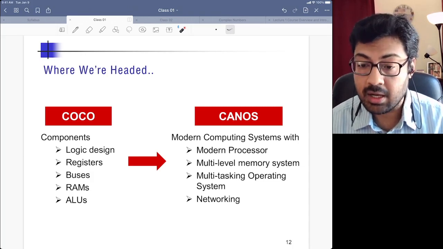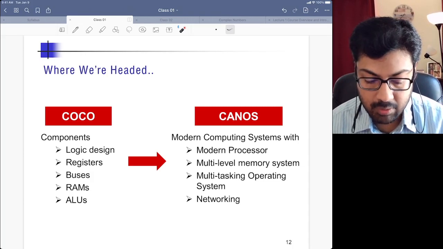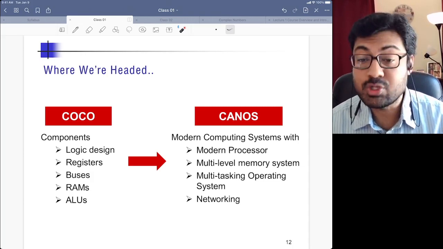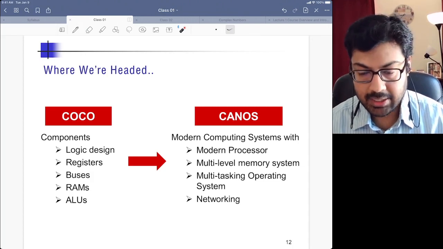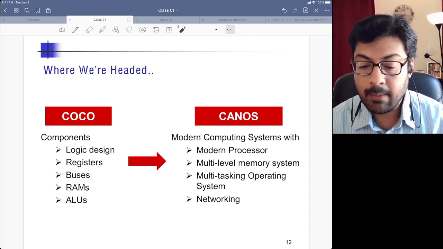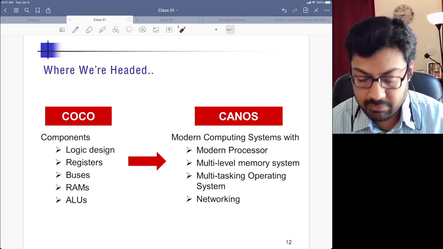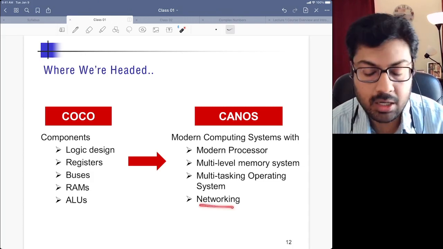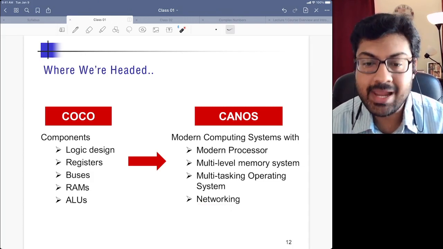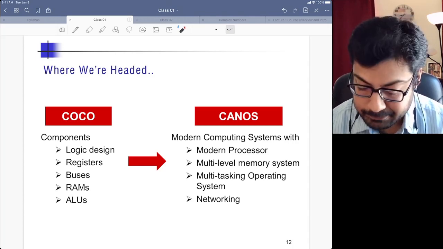What is a virtual operating system, a virtual machine? How does file management get carried out? How does resource allocation get carried out? All of those interesting ideas in operating systems. And then we'll talk about layered networking in terms of TCP/IP or the OSI model.